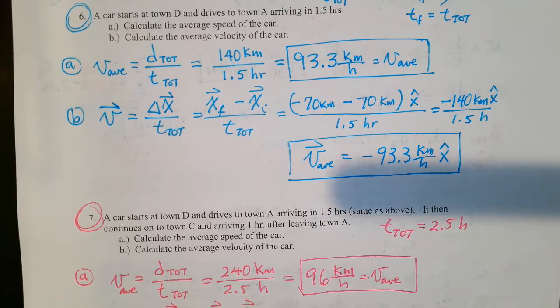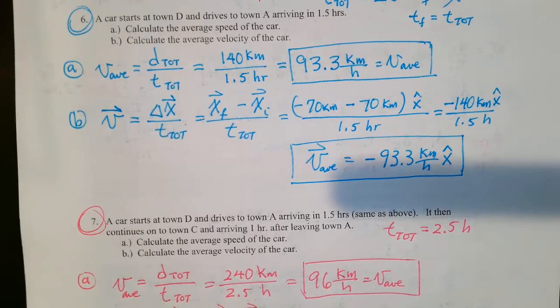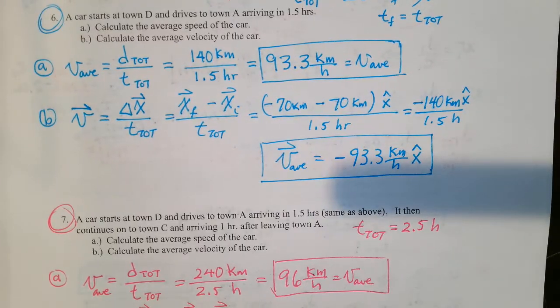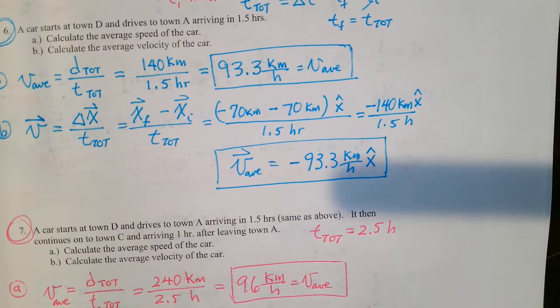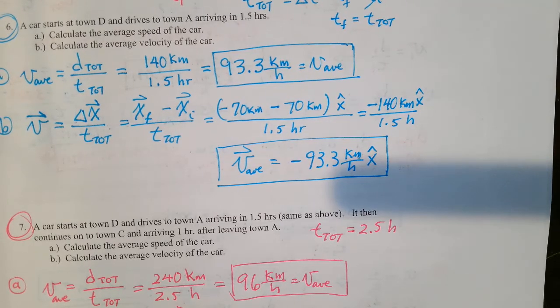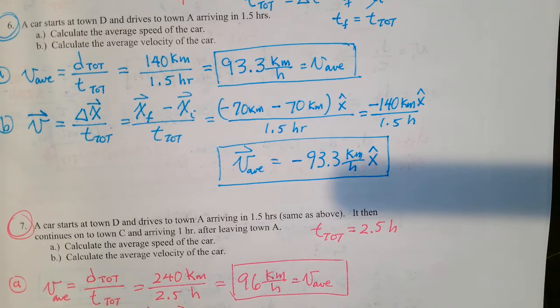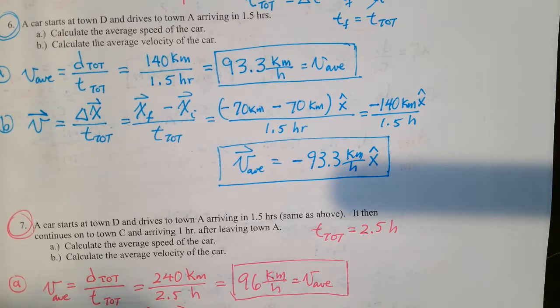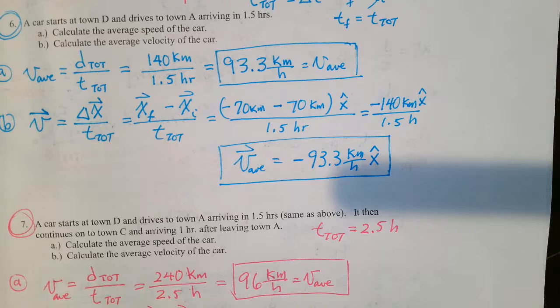Divide that by the total time of 2.5 hours. That is negative 40 kilometers x hat over 2.5 hours, and that comes out to negative 16 kilometers per hour x hat as my average velocity.